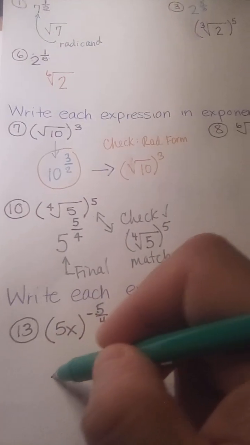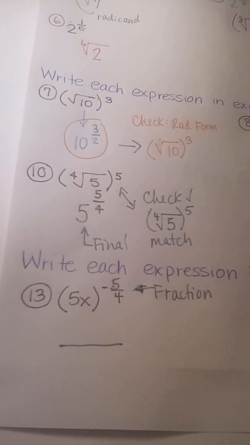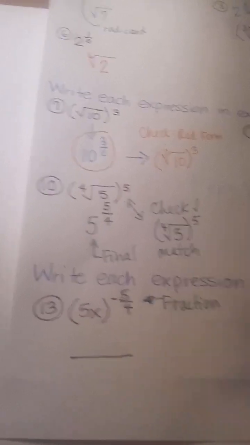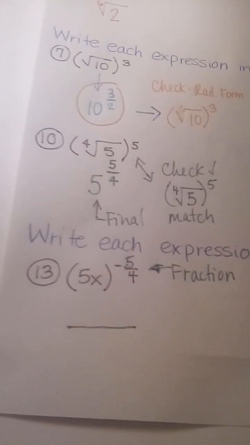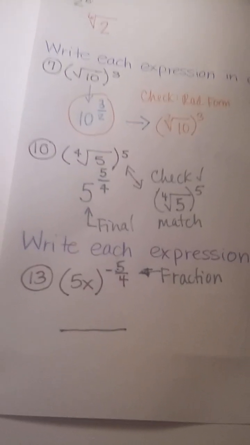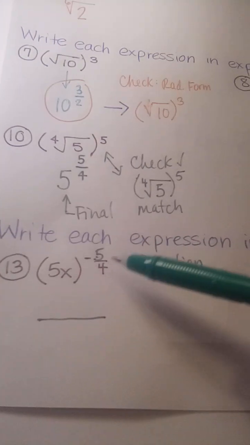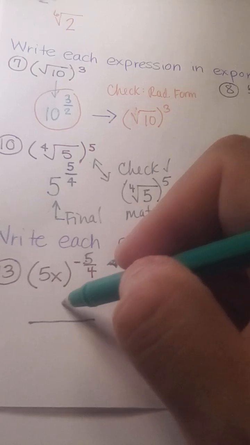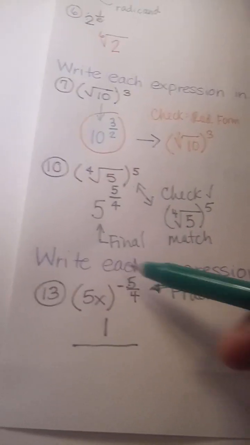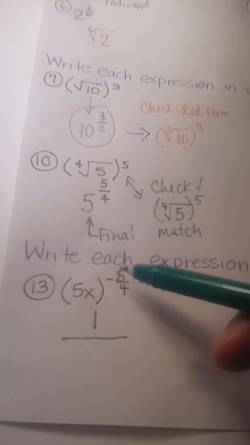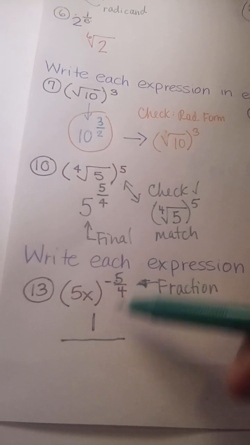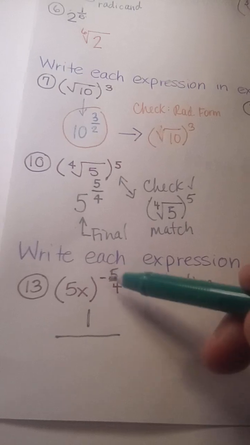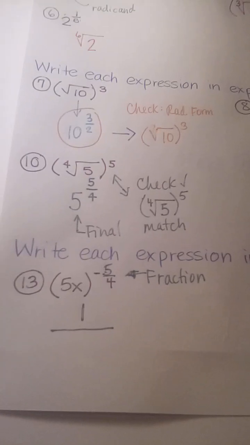So far, so good. Something goes over something. Then, when you see the fraction, the numerator will always be a 1 on top, no matter what, when you see a negative sign on the power. So far, so good.